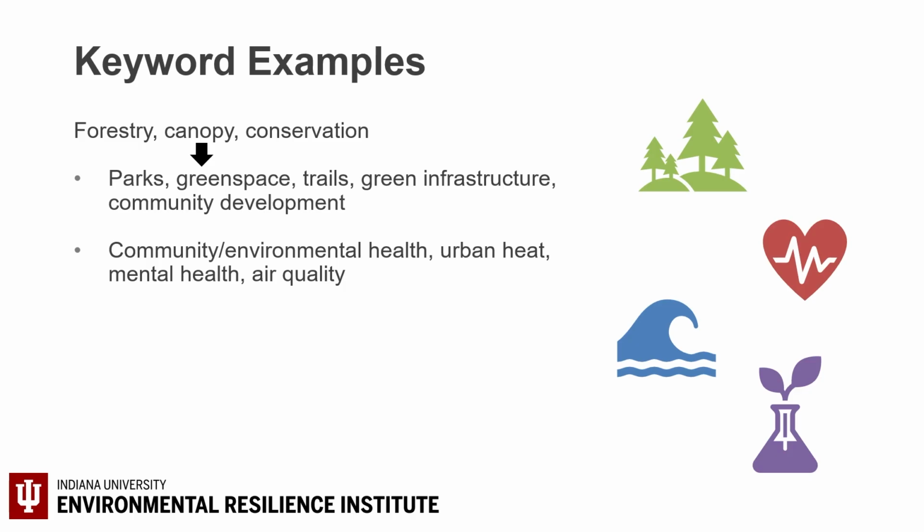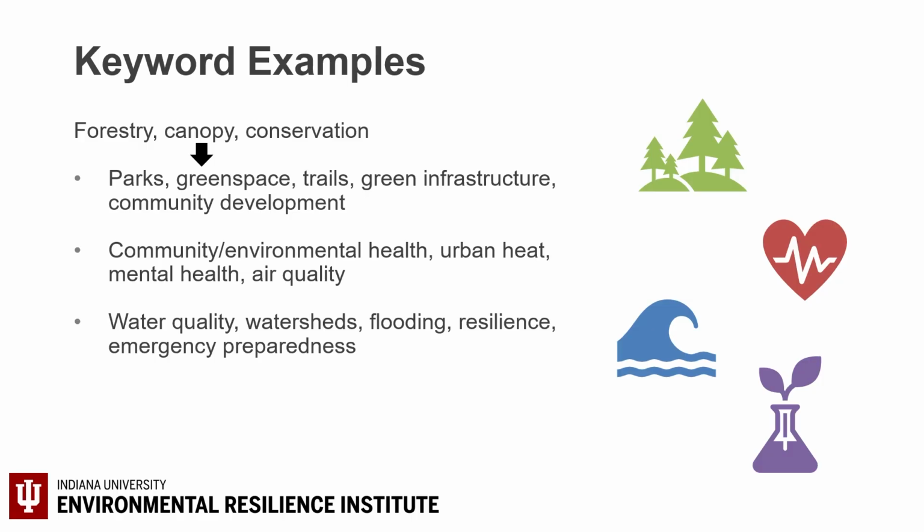If you can fit your scope into community and environmental health, urban heat, mental health, air quality, all of these things that we know trees are involved in and that trees can improve our overall environmental health with, they're important to also include in your grant applications.